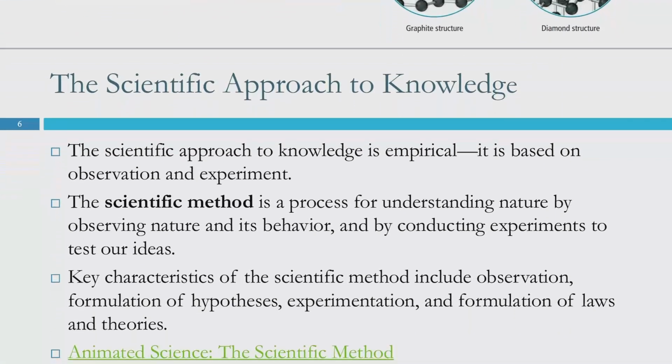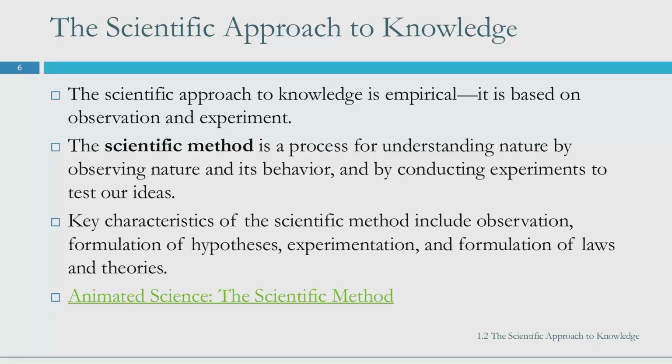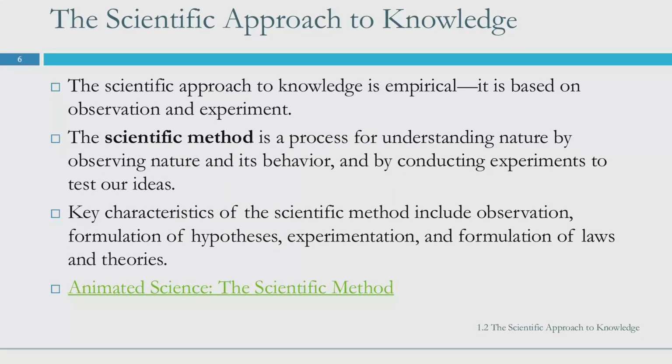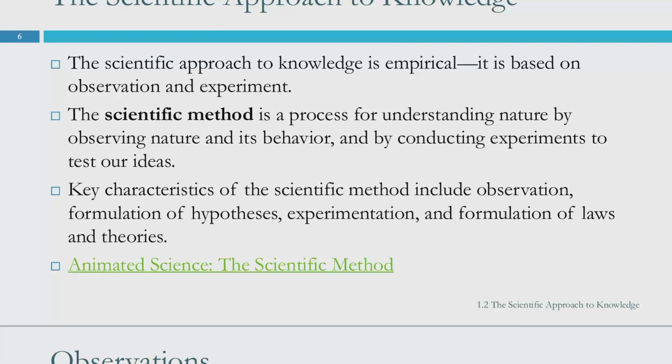We'll talk briefly about the scientific method now. Hopefully, you learned about the scientific method, but I know the curriculum has changed a lot since I was in school. So the scientific method is a process for understanding nature, and it includes a couple of steps. This is the brief summary of the key steps.